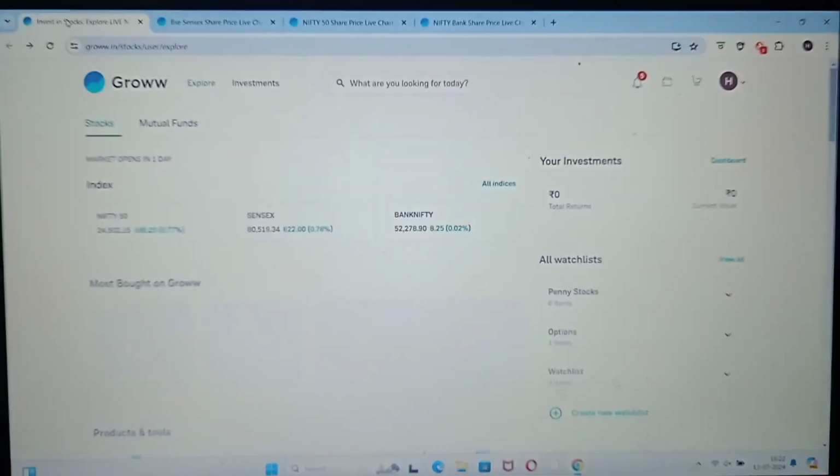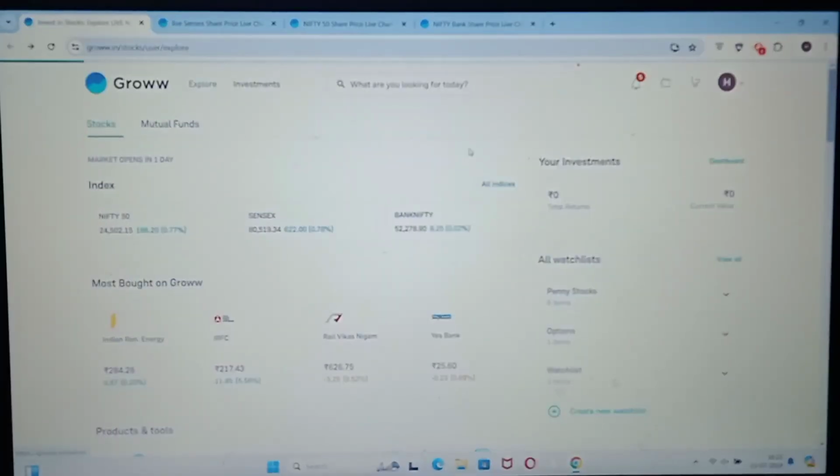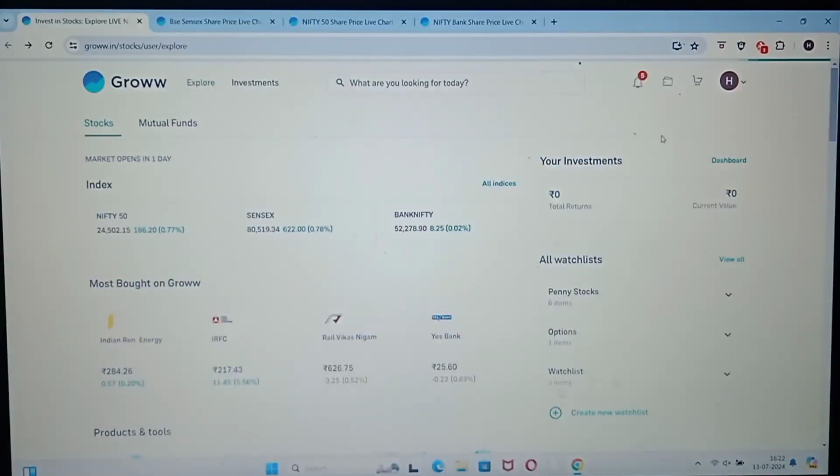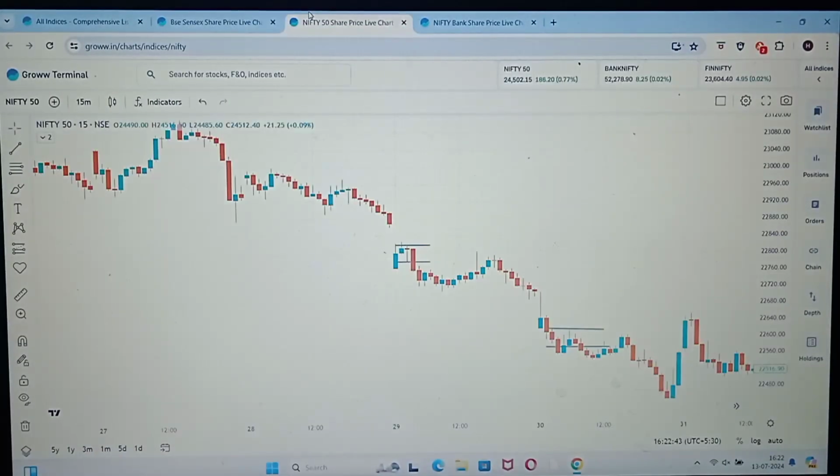So we have seen Sensex, we have seen Banknifty, we have seen Nifty 50, all the indexes we have seen. Let's see for 10 minutes if it is working on this or not. This one, Finnifty.